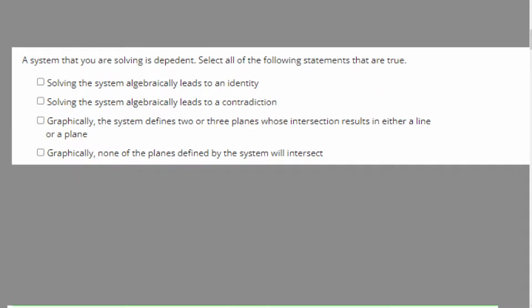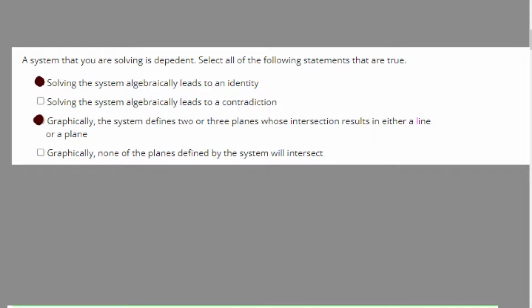This one is saying a system that you are solving is dependent. Select all of the following statements that are true. Now remember, dependent is when the line is completely the same, right? So it will lead to an identity. The system defines 2 or 3 planes whose intersection results in either a line or a plane. I think it'll be the second one.